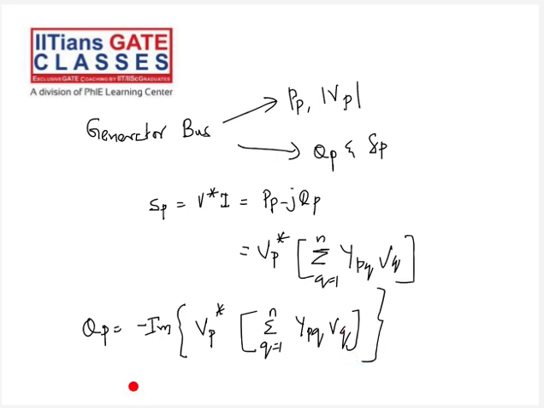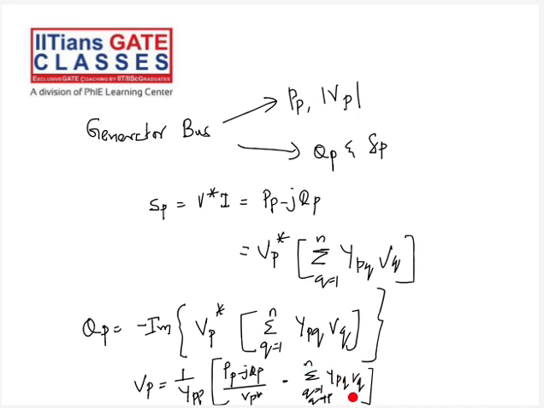And we could solve for Vp, again the same equation, 1 by YPP into that same equation we derived earlier: Pp minus jQp divided by Vp conjugate, minus the sum over Q equal to 1, Q not equal to P, n of YPQ VQ.